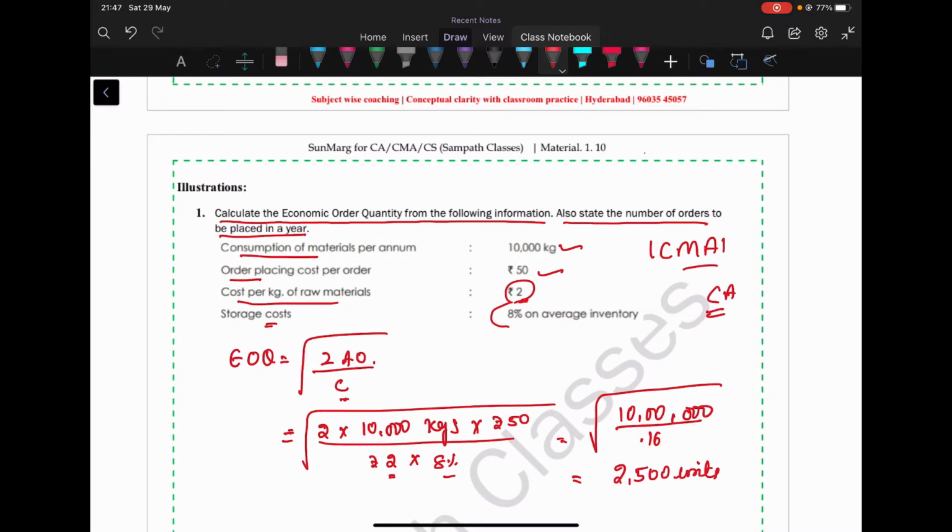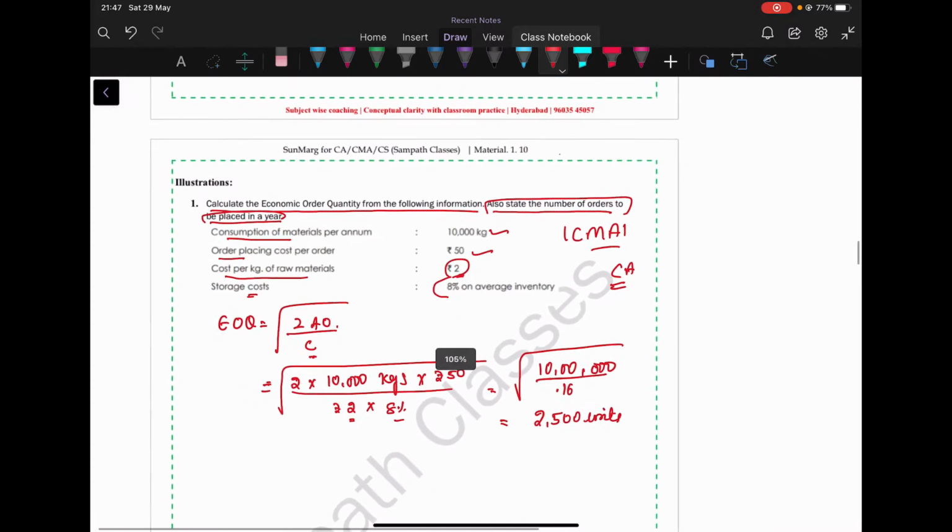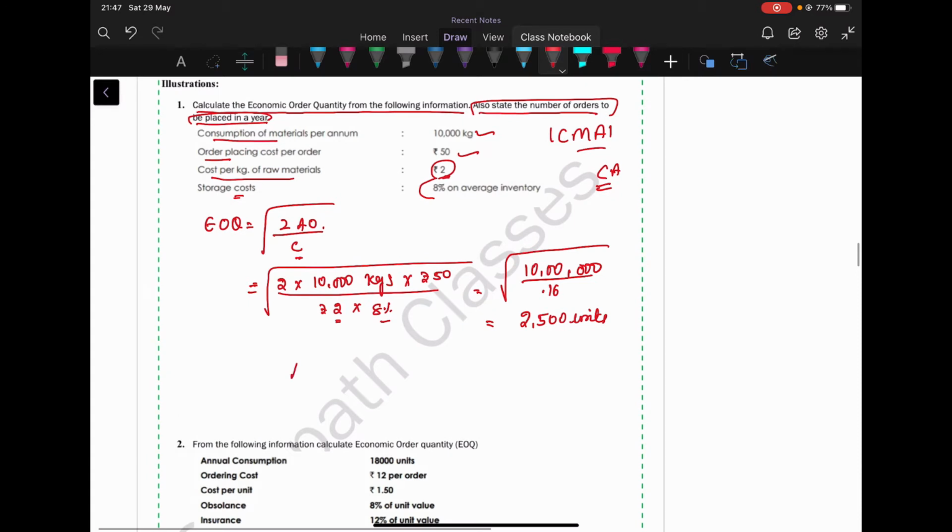What is this? Also state the number of orders to be placed. Number of orders to be placed in the sense what? See, our annual demand we have is 10,000 units or 10,000 kgs. Every time we are placing the request, we are placing the request for 2,500 units.